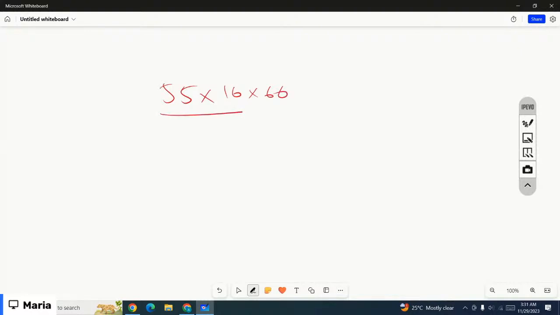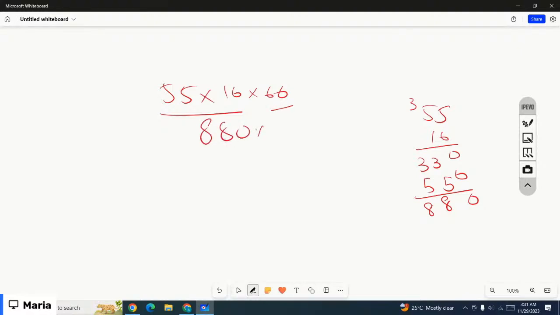Let's just do 55 times 16, right? 6 times 5 is 30, 0, 3 carry. 6 times 5 is 30 and 3, 33. Now 1 times 5 is 5, 1 times 5 is 5, so that is 0, 8 and 8, that is 880. You need to multiply it by 66.